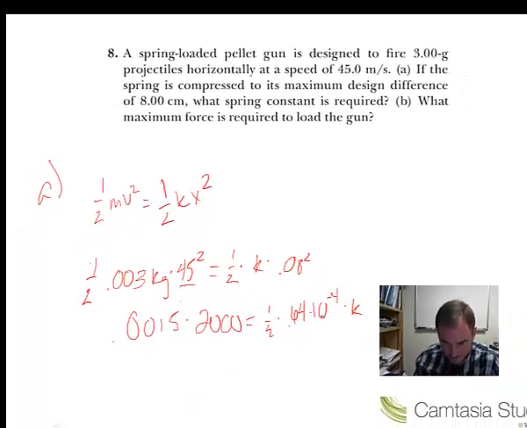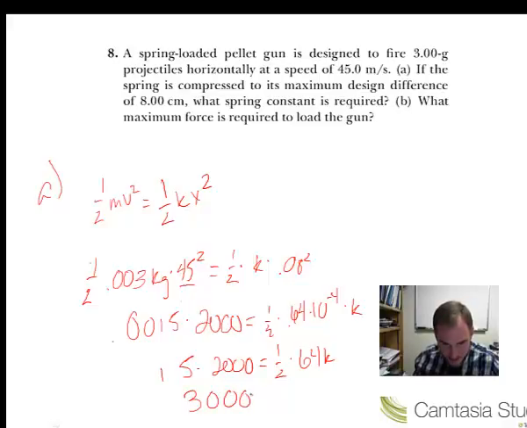So if we divide both sides by 10 to the negative 4th, we get 15 times 2,000 equals 1/2 64k. I'm almost done. 20 times 15 gives me 30 with 1, 2, 3 zeros equals, what is this, 32k.